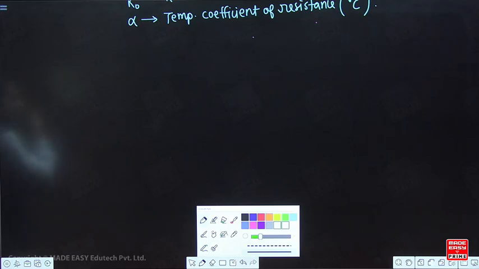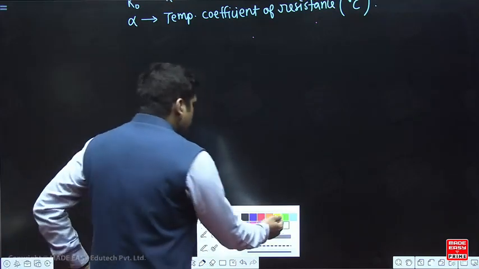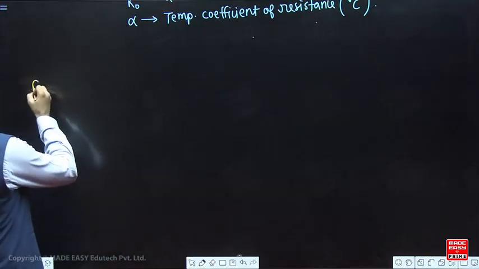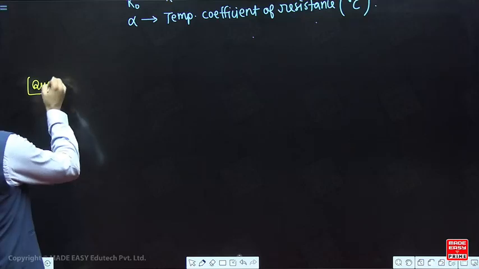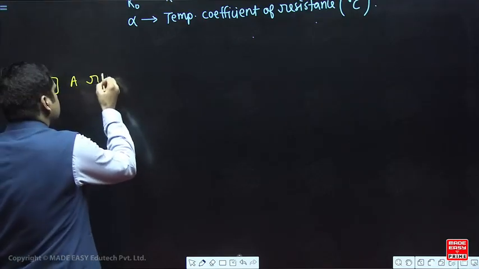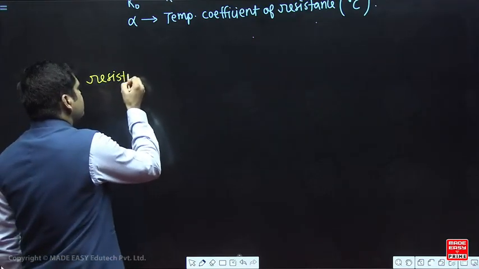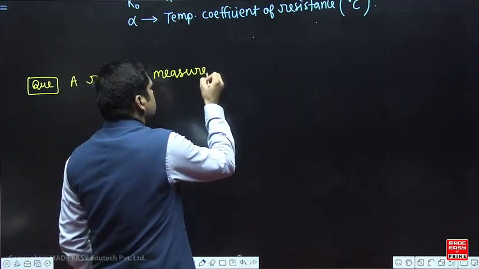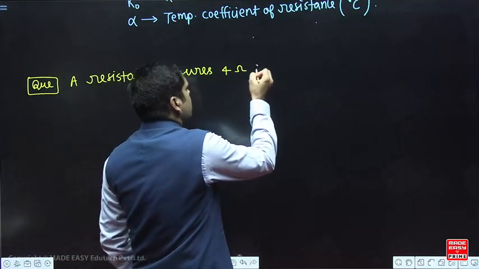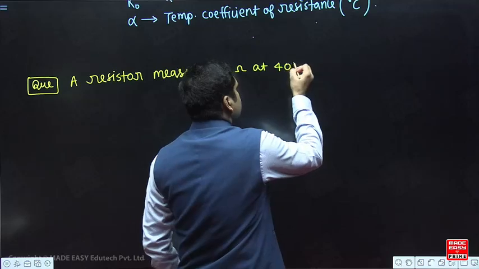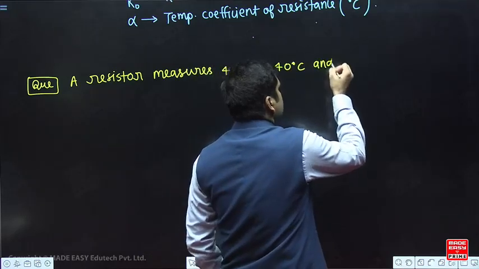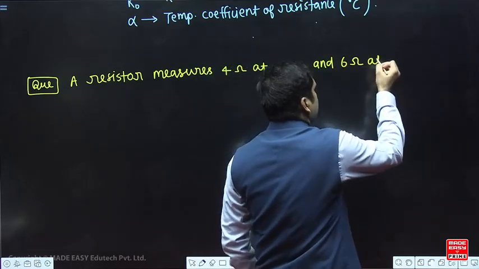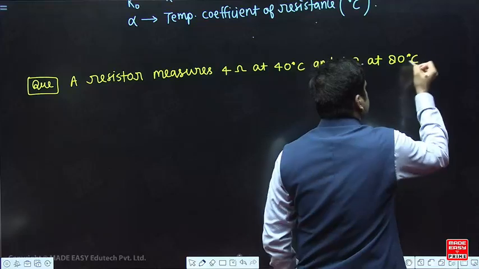Let's come back. Please note down a question. A resistor measures 4 ohm at 40 degree centigrade and 6 ohm at 80 degree centigrade.